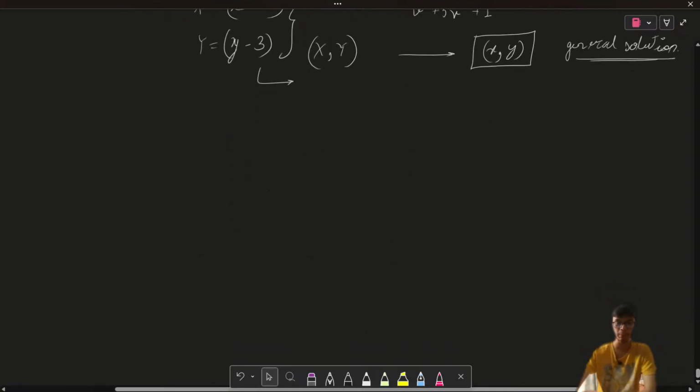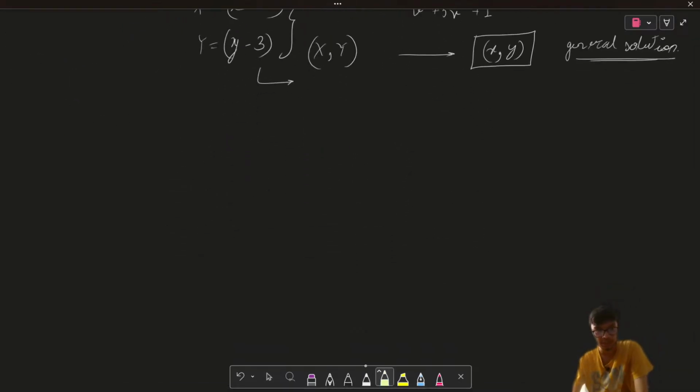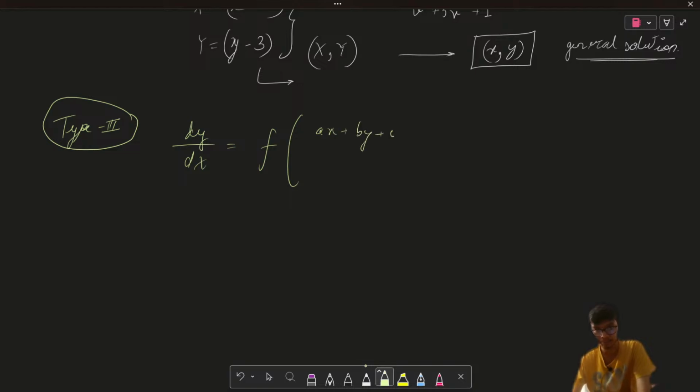If I talk about type 2, what is special about type 2 is that, suppose again our differential equation is some function of some linear expression, like this, right?